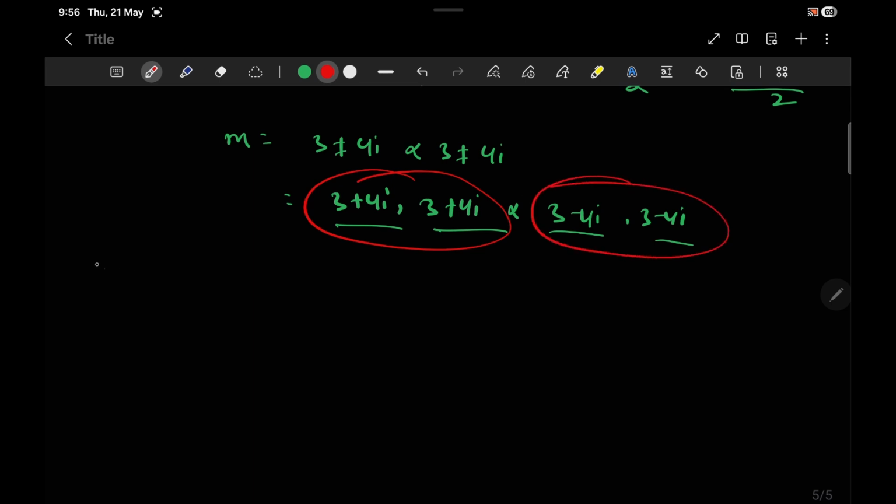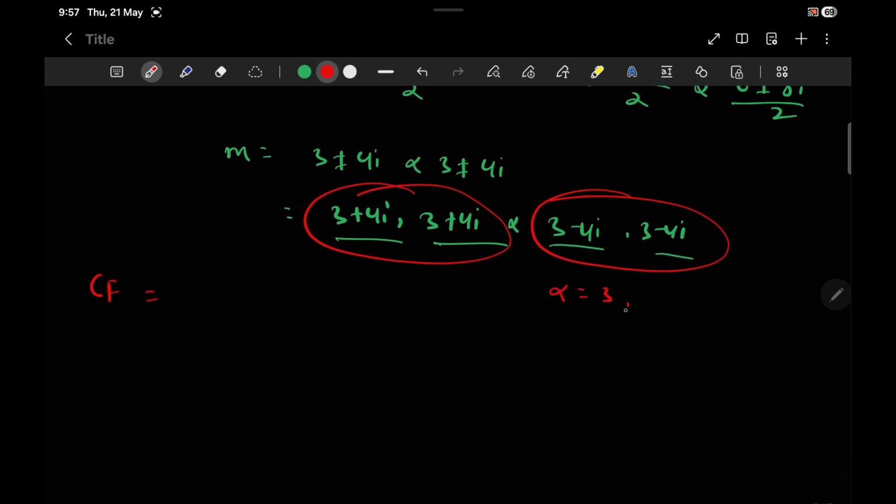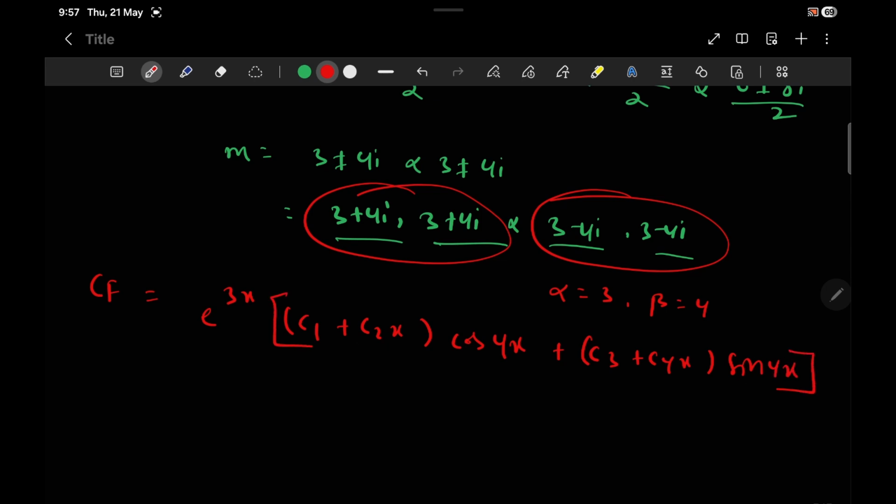So the complementary function will be, with alpha here 3 and beta here 4, e to the power 3x into (c1 plus c2x) cos 4x plus (c3 plus c4x) sin 4x. So this is our complementary function. The case 4 is solved.